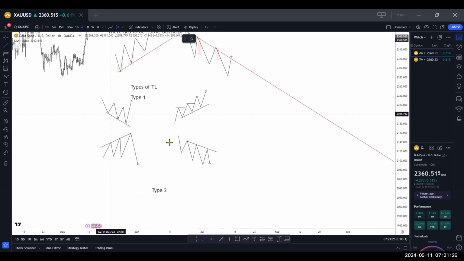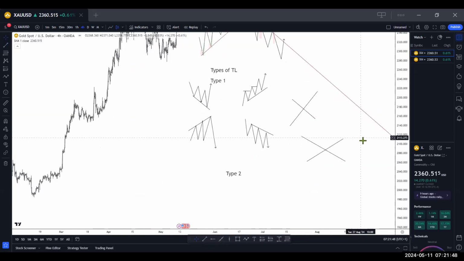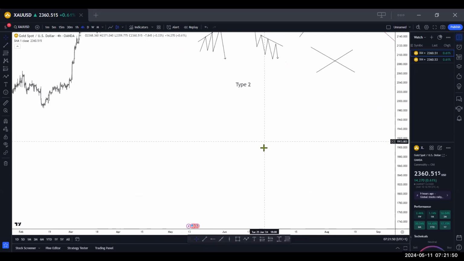We'll talk about this. So this one is this, and this one is this. Okay, so that's the beauty of the trend line. That's type one.